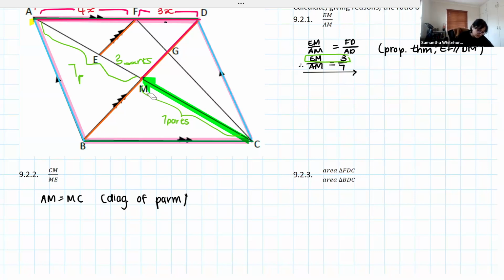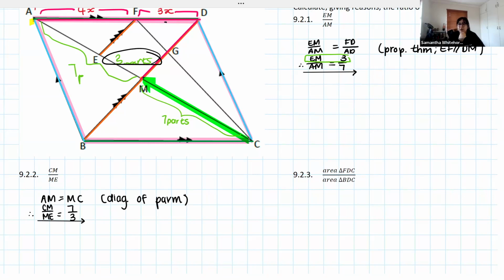Remember, mathematicians are quite lazy, especially in geometry. Our reasons are abbreviated: diagonals, diag, and palm is parallelogram. So because we know that, and because we've already proven that AM is 7 parts, we know that CM over ME is equal to 7 parts over the 3 parts of ME. And that's it. So very easy question if you remembered your properties of quadrilaterals, and specifically of a parallelogram.